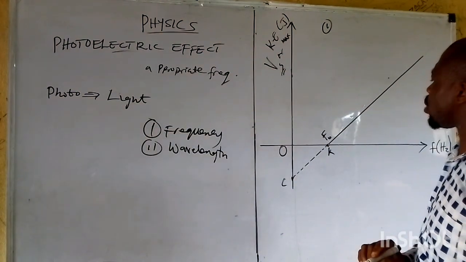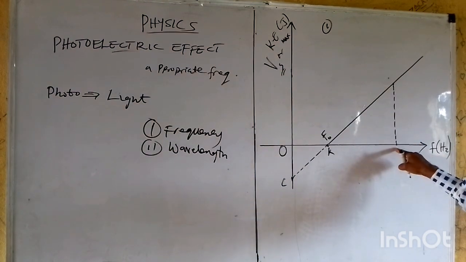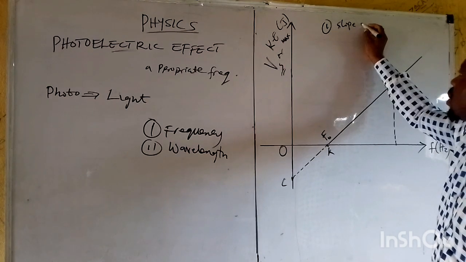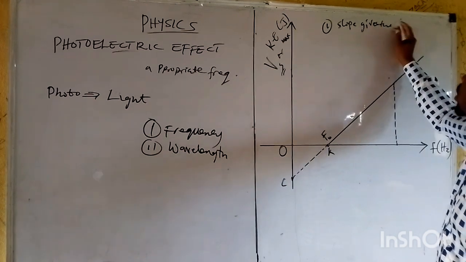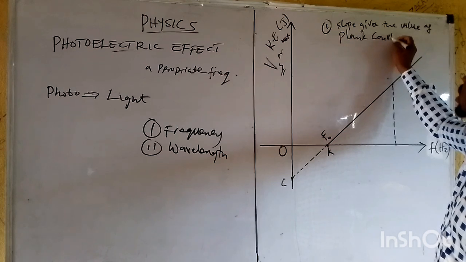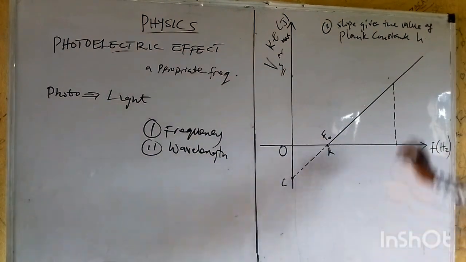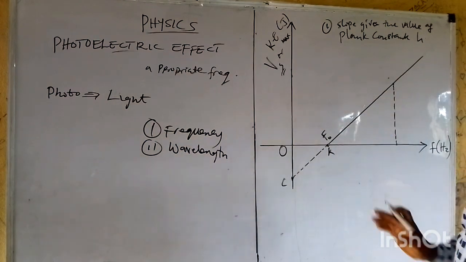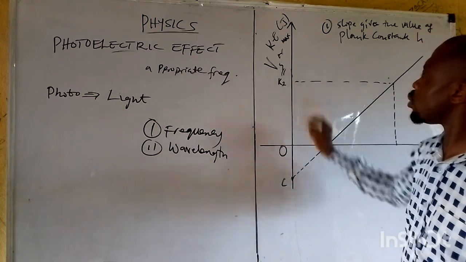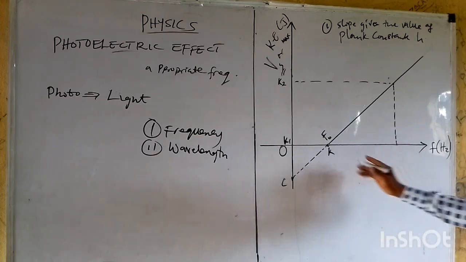The first deduction that will come from here is that the slope of the graph gives the value of the Planck constant H. If you want to find the value of the Planck constant using this graph, let's trace this point, say K2, and then here, K1, on the vertical axis.